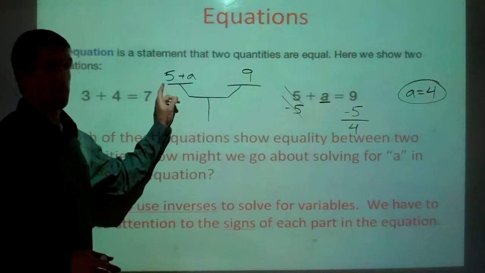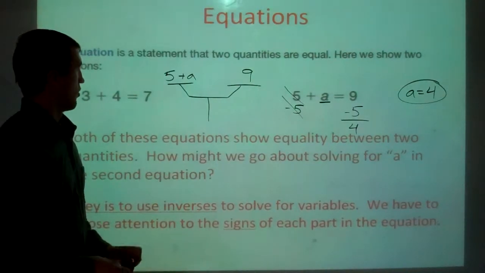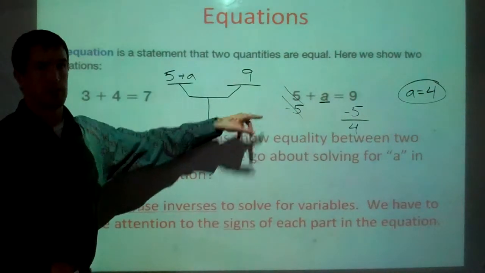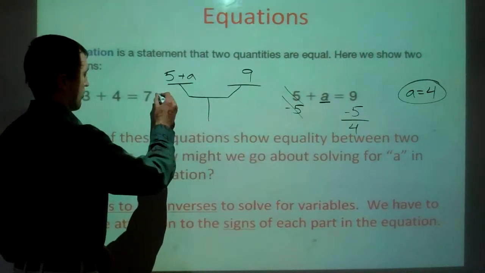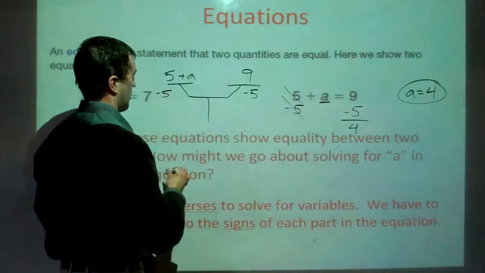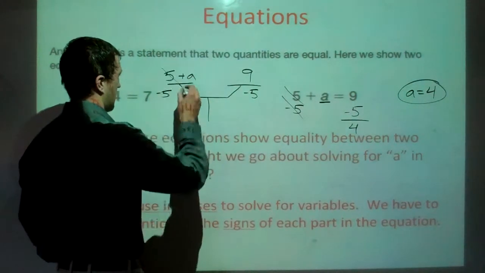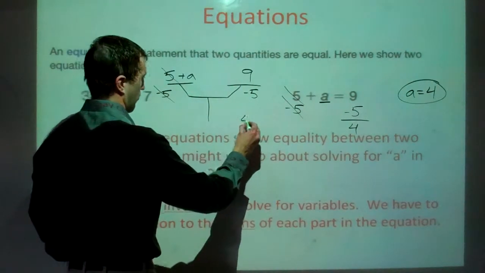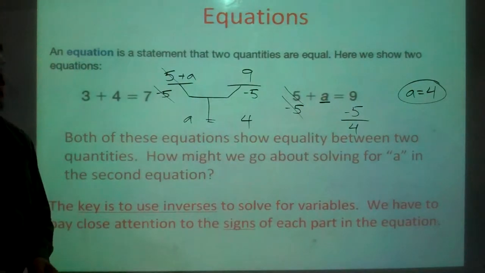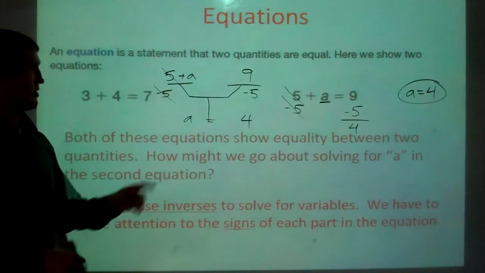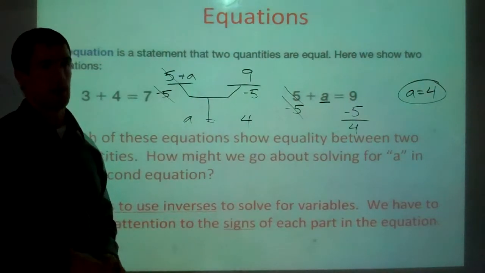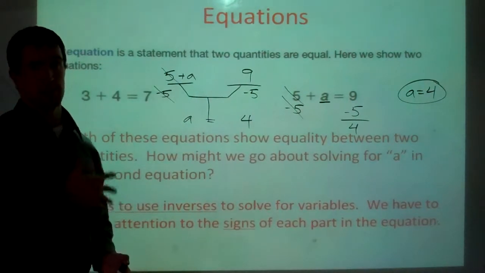If we take our 5 pounds off on this side, well, this is going to go up if we don't take 5 pounds away on this side too. So if we subtract 5 over here, we have to do it over here as well. And then we would see that these would cancel. We'd be left with 4, and that a equals 4. So in order for this to be balanced, a would have to be 4, and that's why we have to do things on both sides of the equation.